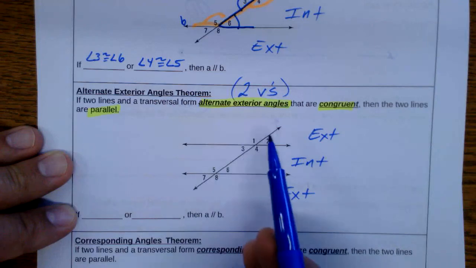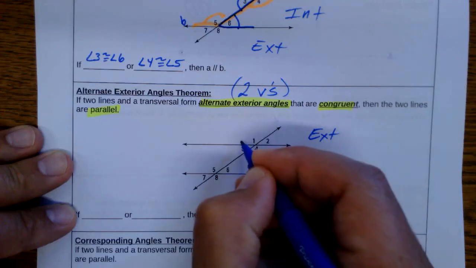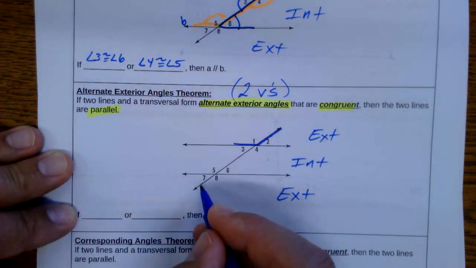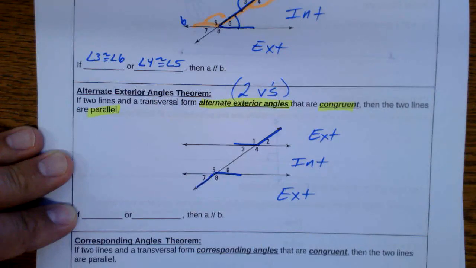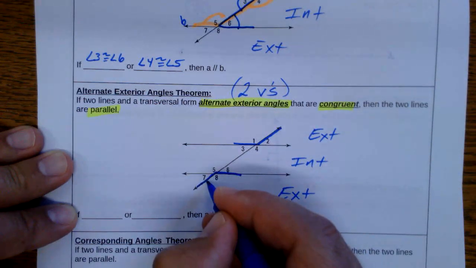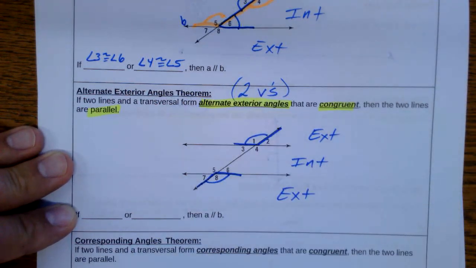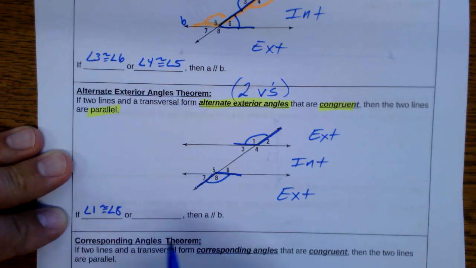Alternate means they're on different sides of your transversal, and they're on the exterior. So if you trace it out, angle 1 is on the left, and angle 8 is on the right-hand side. We would say angle 1 and angle 8, look, they're both obtuse, right? So if angle 1 is congruent to angle 8, then A and B are parallel.